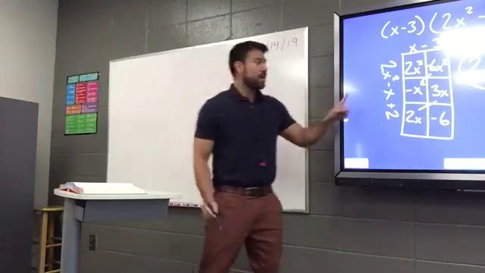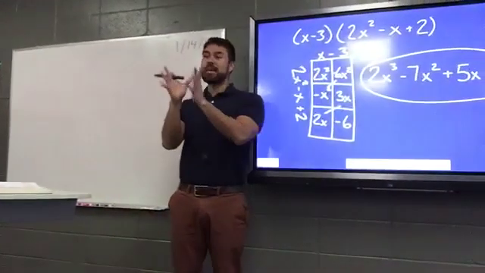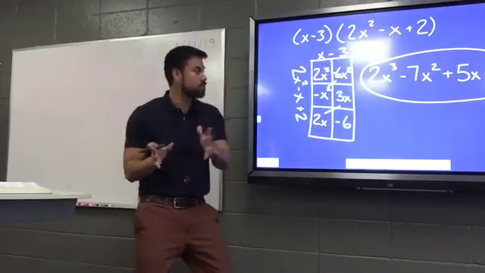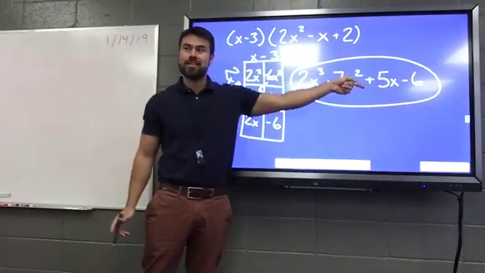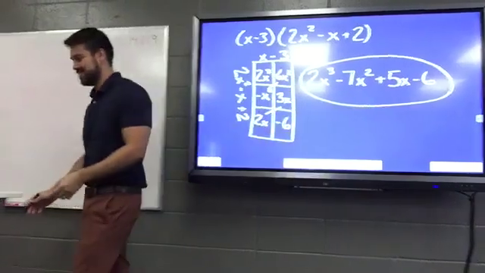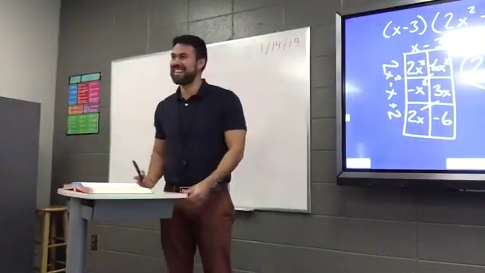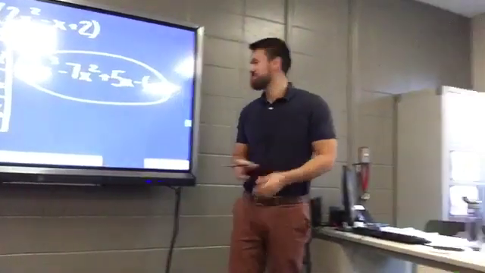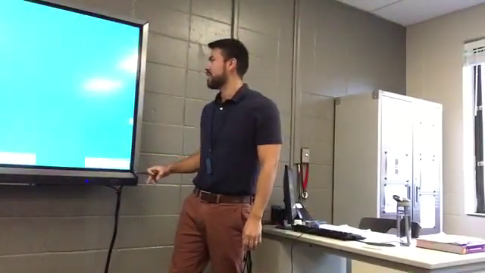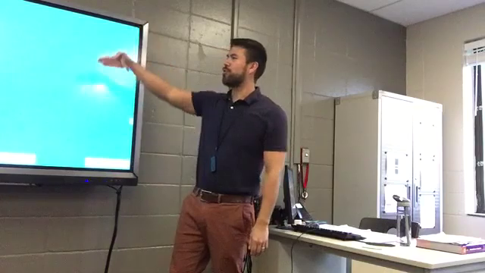Because remember, you're going to get problems that when you get this answer, you're not done. Because there's more like terms. There are many like terms. Use the vertical format.